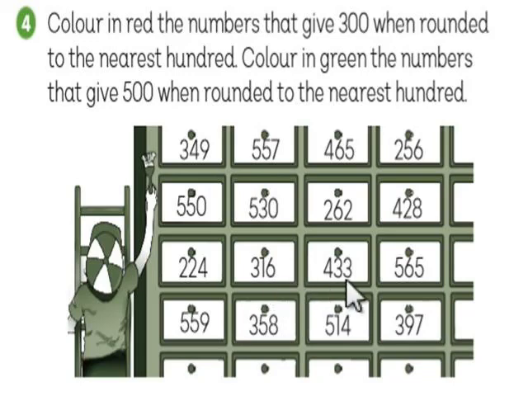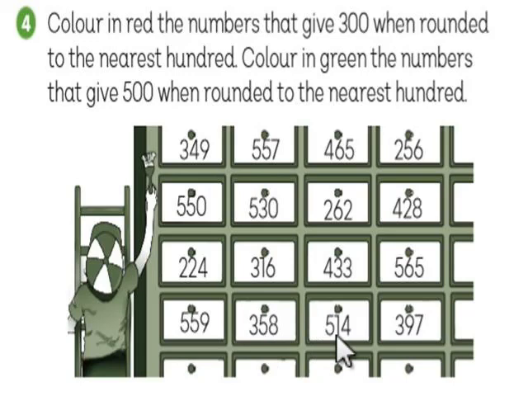Next, 433. Can we color this one? Yes or no? No. 565. Can we color this one? No. 559. Can we color this one? No. 358. Can we color this one? No. 514. Can we color this one?